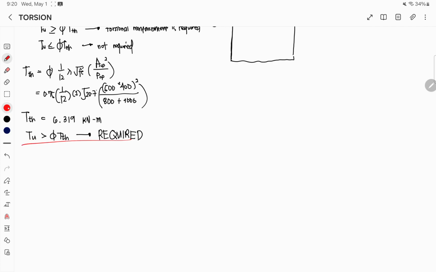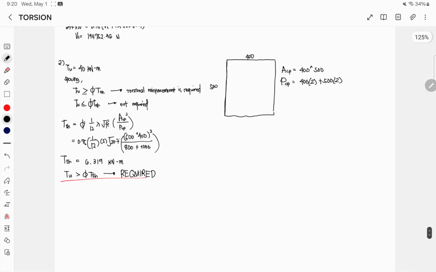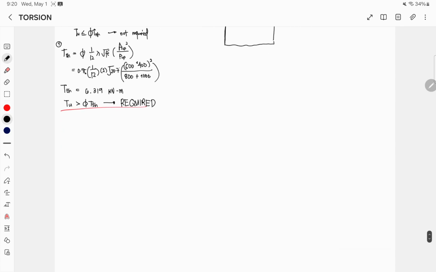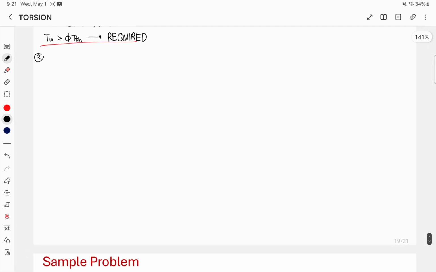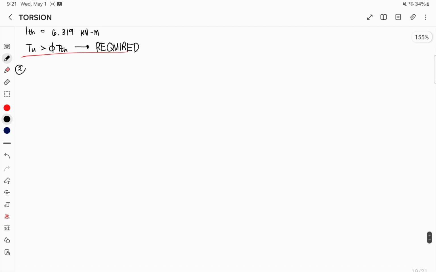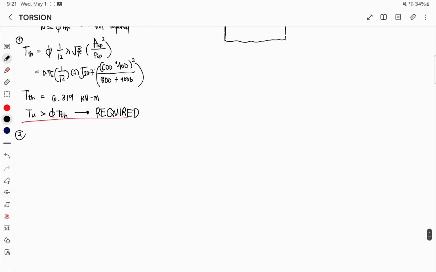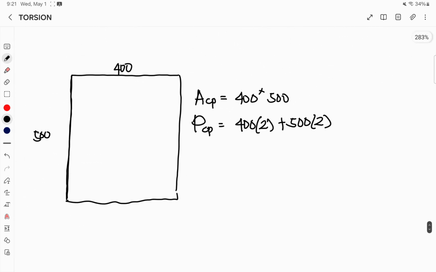For step 2, we will calculate the sectional properties. Let's draw again so we have no problem.